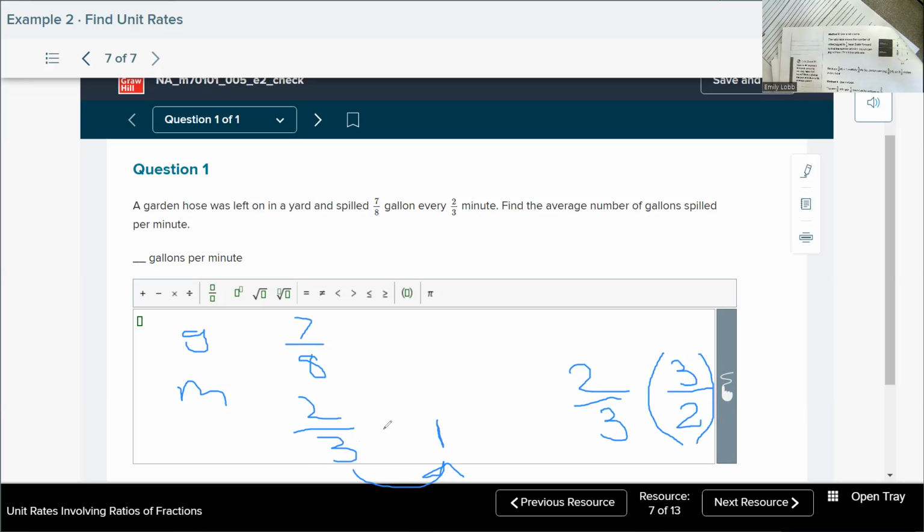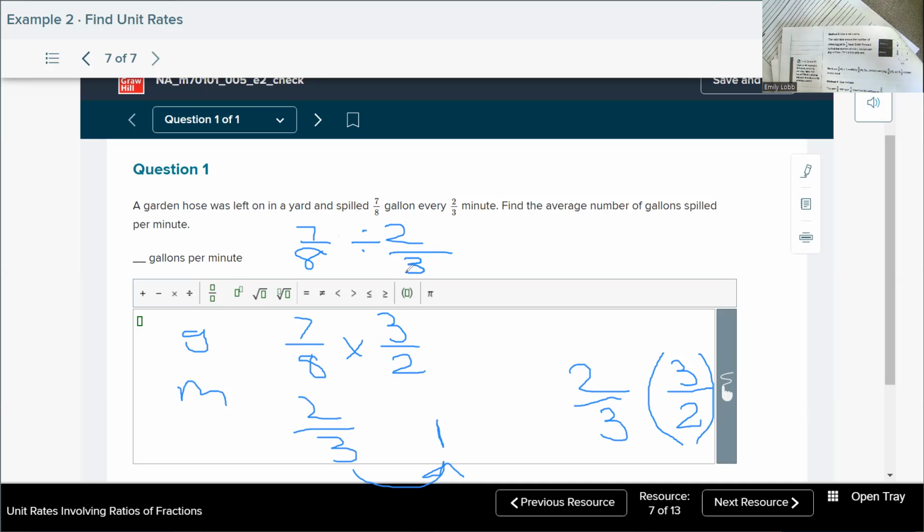So if I multiply this by 3/2, I also have to multiply this by what? 3/2. Now, isn't this the exact same thing as 7/8, the first divided by the second? Isn't that the same thing?